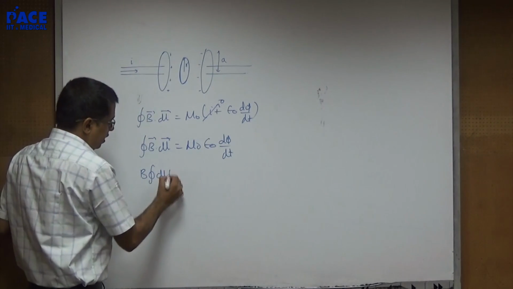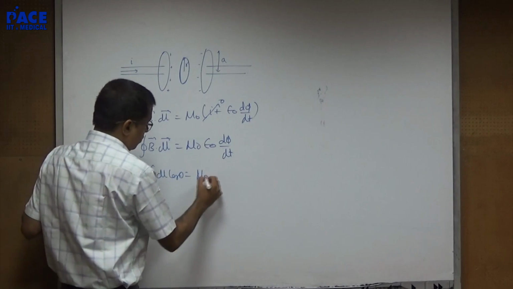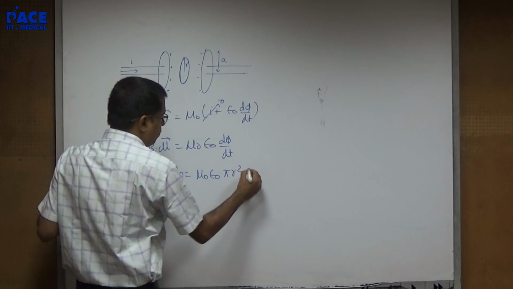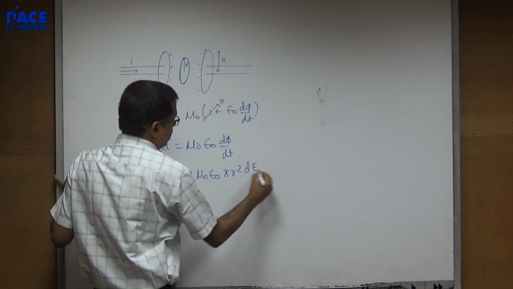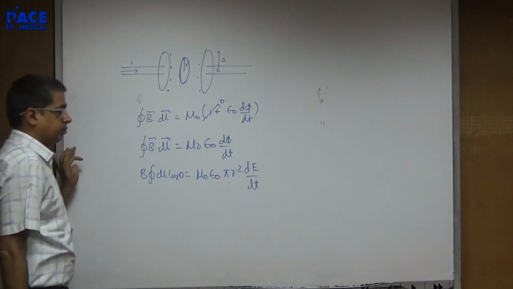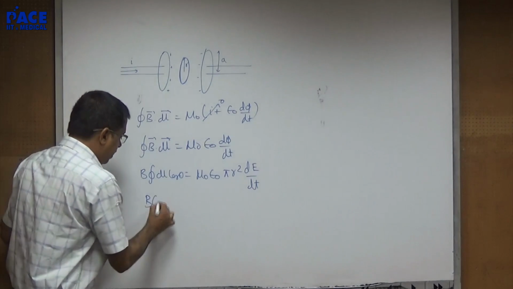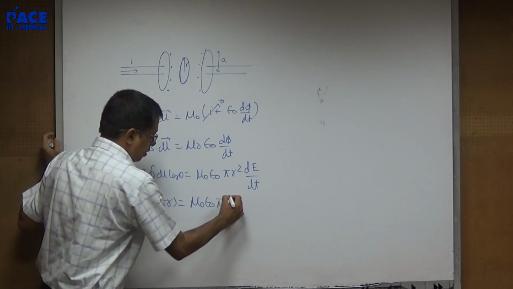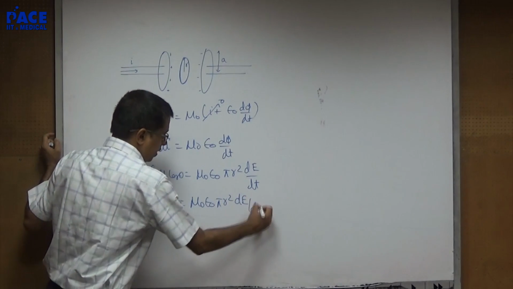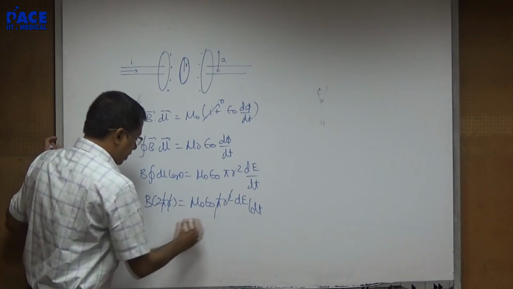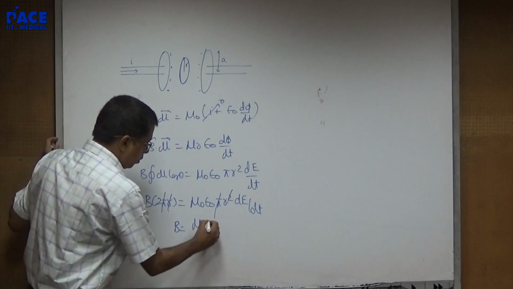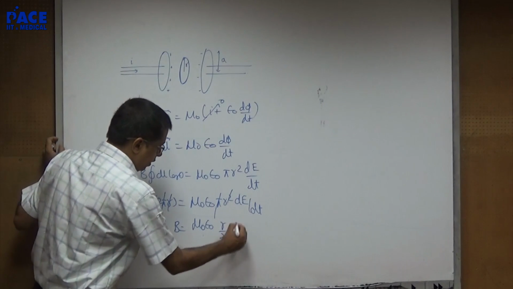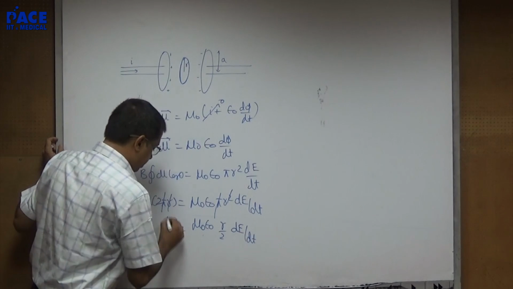B integral dl cos 0 is equal to mu naught epsilon naught d phi by dt, which will be pi r square dE by dt. B into 2 pi r will be mu naught epsilon naught pi r square dE by dt. Pi and pi, r and r cancel. B is mu naught epsilon naught r by 2 into dE by dt.